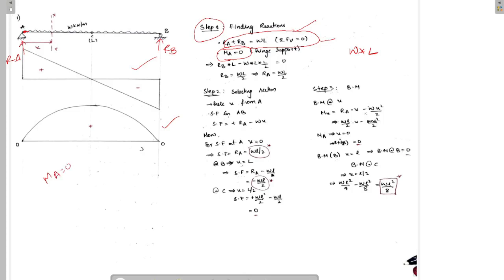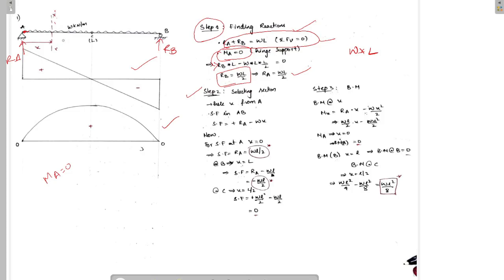Considering MA equals to 0, we will be getting a reaction RB as WL by 2. As we know that RA plus RB is WL, we will be getting RA equals to WL by 2. Next, the second step is we have to select a section.